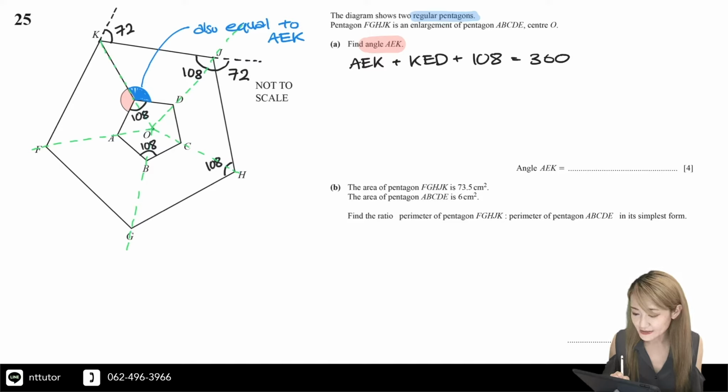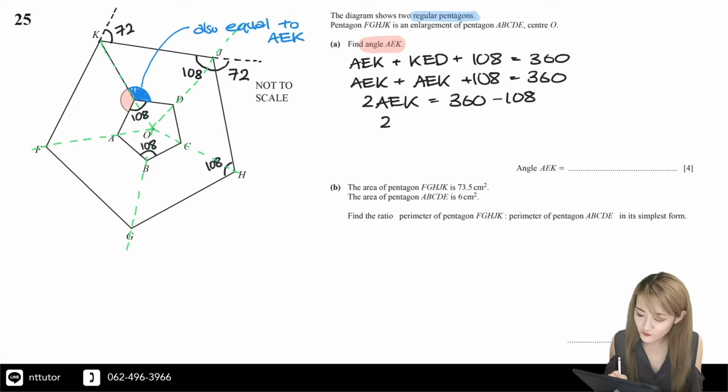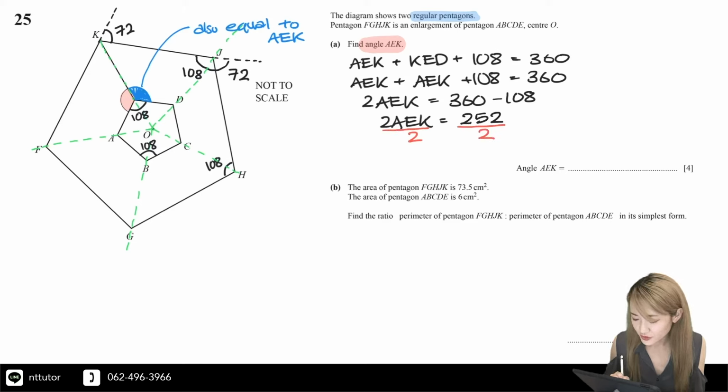Angle KED is the same as angle AEK, so I can change that to AEK. So 2AEK equals 360 minus 108 degrees, and I can solve for AEK by dividing by 2. So AEK equals 126 degrees.